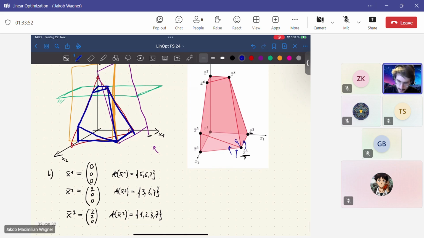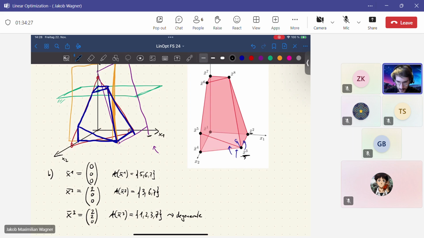This means that we have here more inequalities active than we would actually need to describe a vertex. Remember, vertex means that the rank of the matrix of active constraints is equal to n. So in general, we need only n constraints. But here we actually have more. And this we call a degenerate vertex because we have more constraints active than we would actually need.